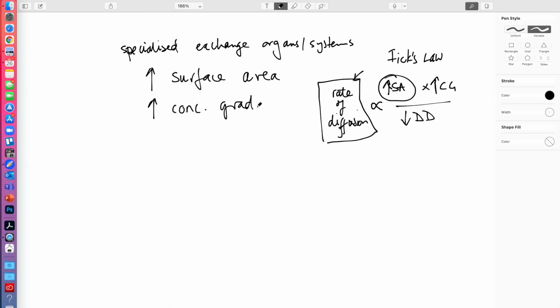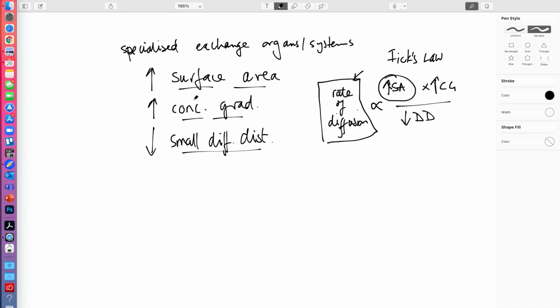And remember, the higher the concentration gradient you have, the higher the rate of diffusion will be, because there's a bigger difference between the concentration of something in one place and the concentration of that thing in the other place. So we've got a high surface area, we've got a high concentration gradient, and they all have another key feature, which is a very, very small diffusion distance.